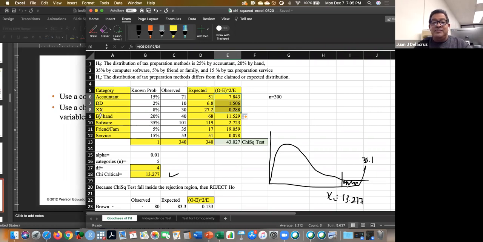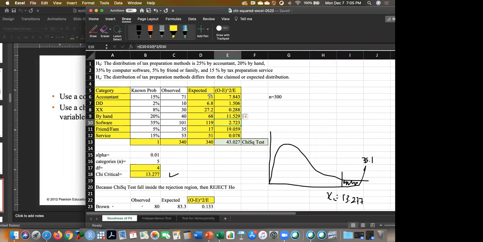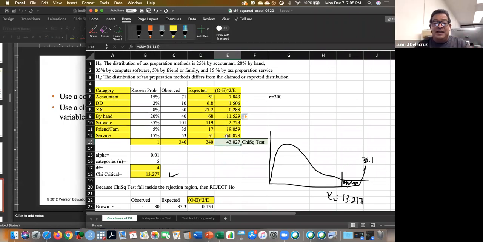So my point is, if you have more than 5 categories, you can still use this, or just build the formulas. I don't think the formulas are difficult at all. So just look at the formulas, build your Excel file, and that's what you have to do. This is very easy.